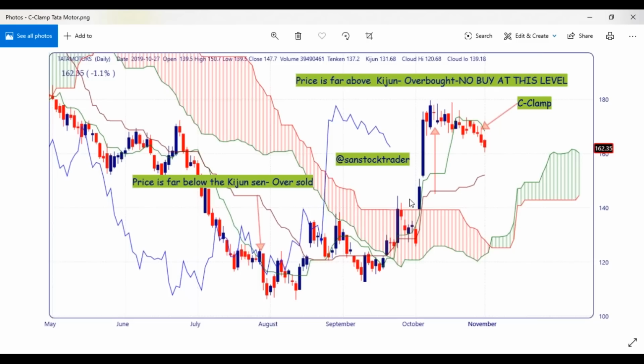So in a C clamp, one can see the Kijun is almost flat at this level. This is the Kijun.